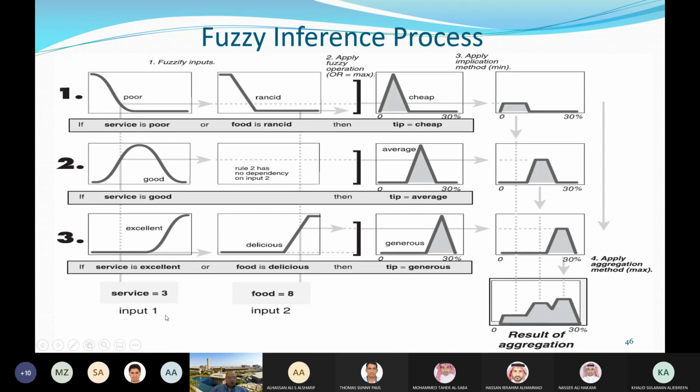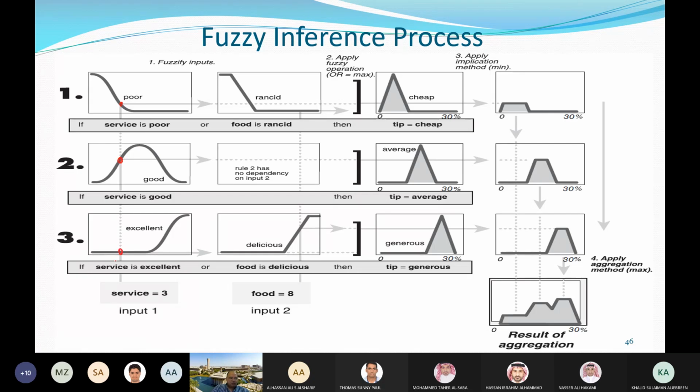And assume that you give the surface 3 out of 10 and the food 8 out of 10. So 3 out of 10, so we are here. So this value is, for example, 0.2 or whatever. And the degree of membership here is 0.7 or 0.8.